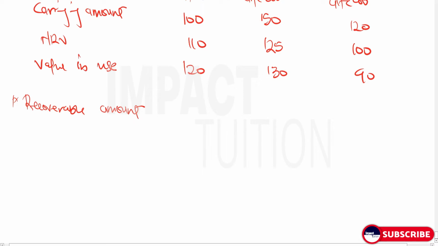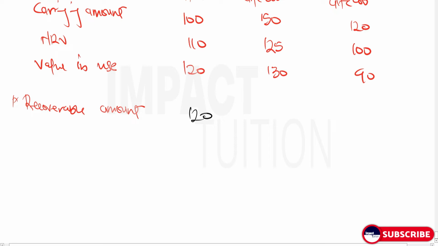All right. The recoverable amount is the higher of NRV and the value in use. So for asset A, the higher of 110 and 120 is 120. For asset A, 120 is the recoverable amount.